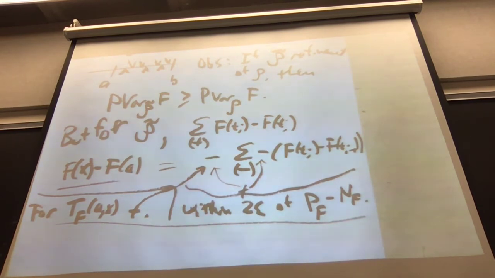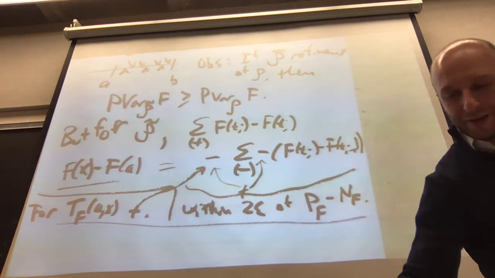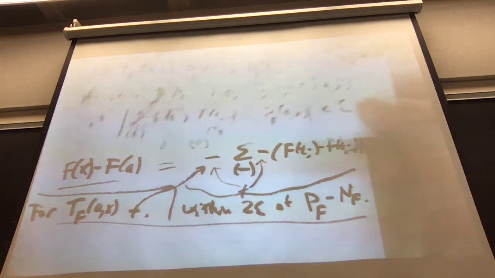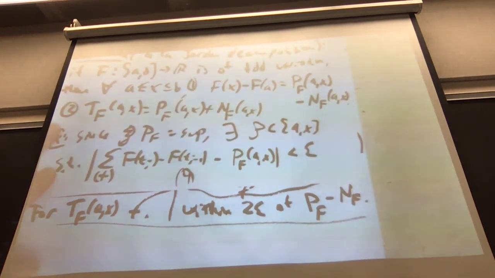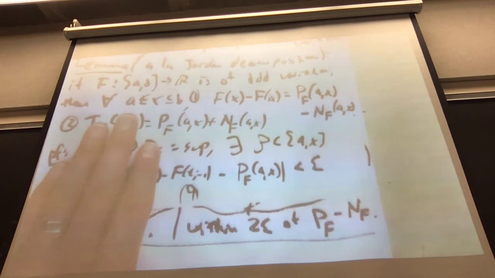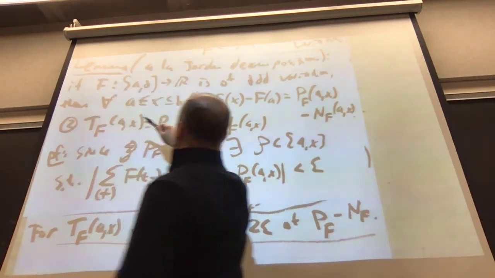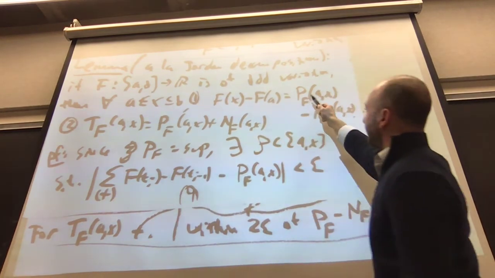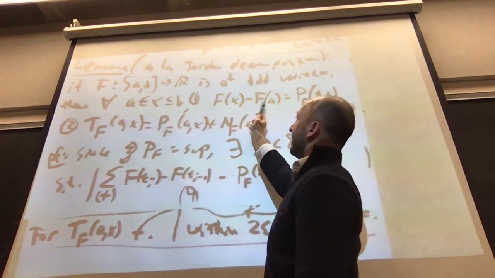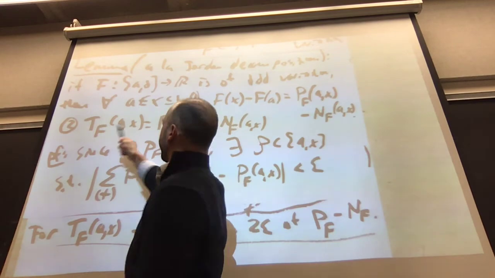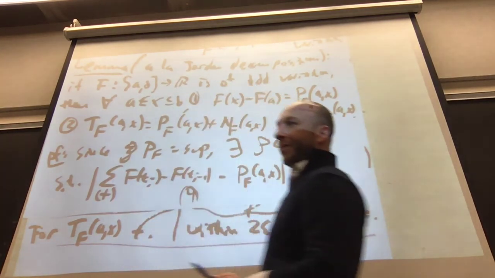What were you trying to prove again? The lemma, let's go back to the lemma. If you have a function of bounded variation, then the positive variation minus the negative variation recovers the difference of the values, and the total variation is the sum of the positive and negative variations.